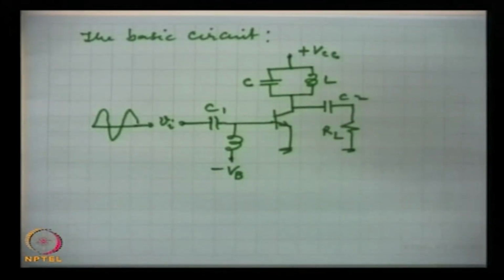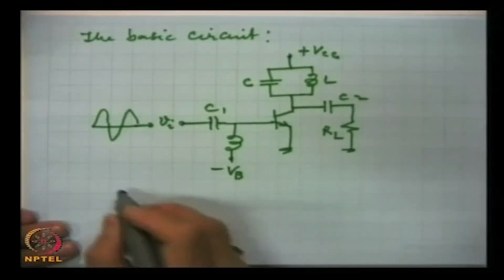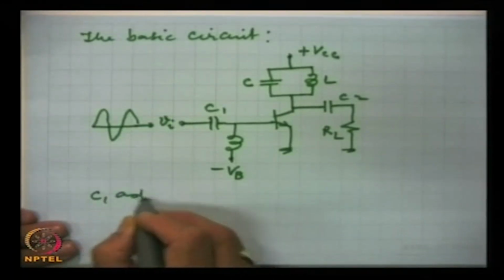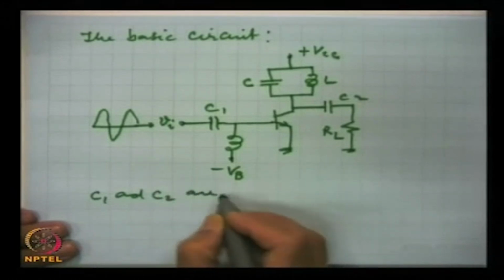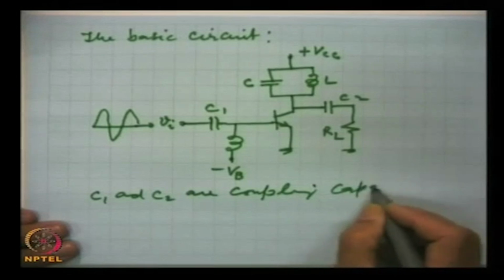This is the commonly used circuit for class C operation. Now, here C1 and C2 are coupling capacitors.